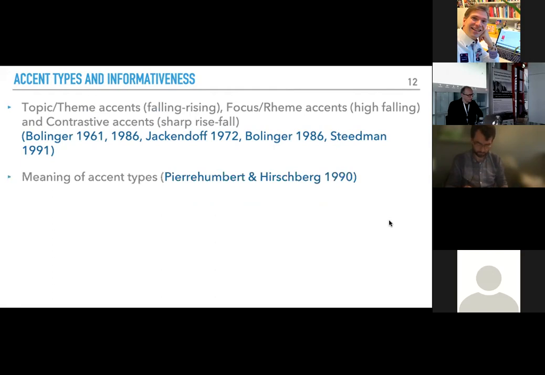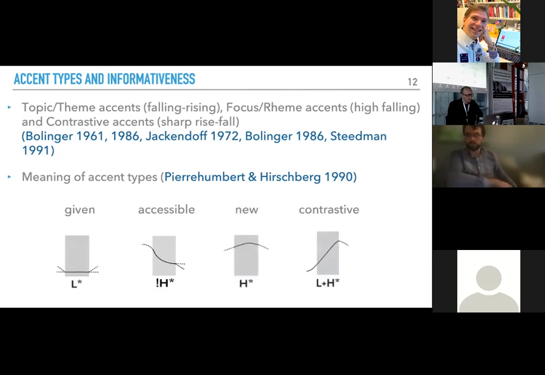Pierrehumbert and Hirschberg for American English attributed general meanings to accent types as to their information status, but also to focus. And they claimed that given items often carry a low accent or are de-accented, accessible ones are downstepped or have a mid-tone, new items carry high or slightly rising accents, and contrastive accents are sharply rising.